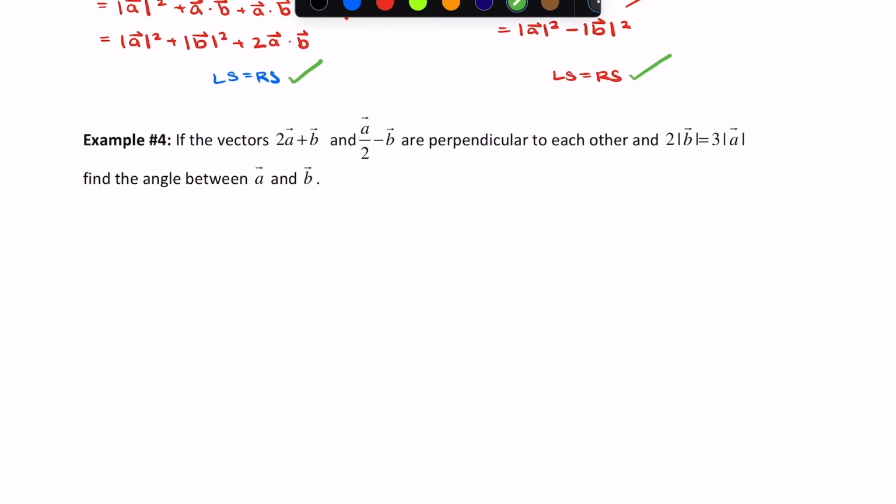And lastly here, it says if the vectors 2a plus b and vector a over 2 minus b are perpendicular to each other, and 2 times vector b is equal to 3 times vector a, find the angle between vector a and vector b.